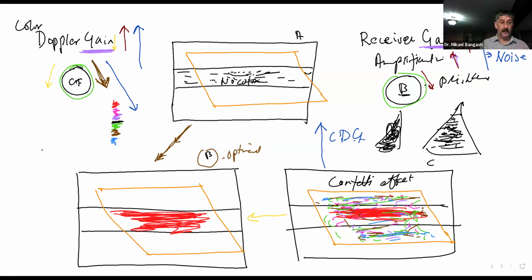But if you decrease it too much, it may take you from here to here. So you can decrease it just enough to get rid of the confetti but still retain your optimal image.